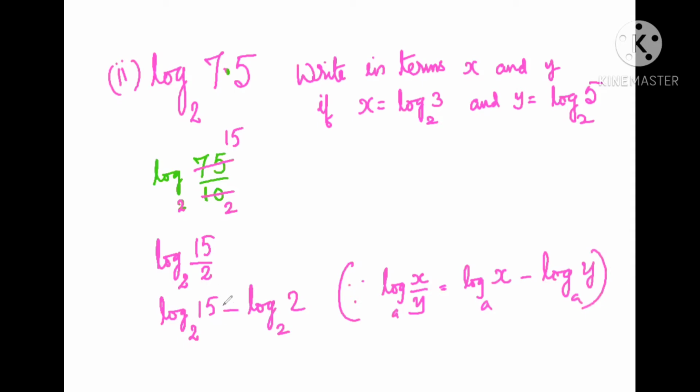Now logarithm of 15 can be written as logarithm of 3 into 5 base 2, because 3 fives are 15, minus logarithm of 2 base 2. By the product rule, this is logarithm of 3 base 2 plus logarithm of 5 base 2 minus logarithm of 2 base 2.